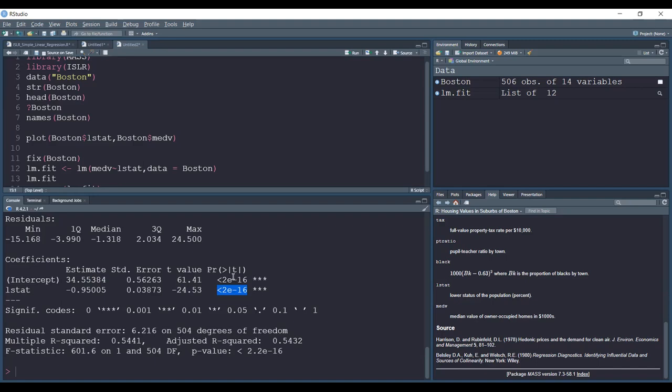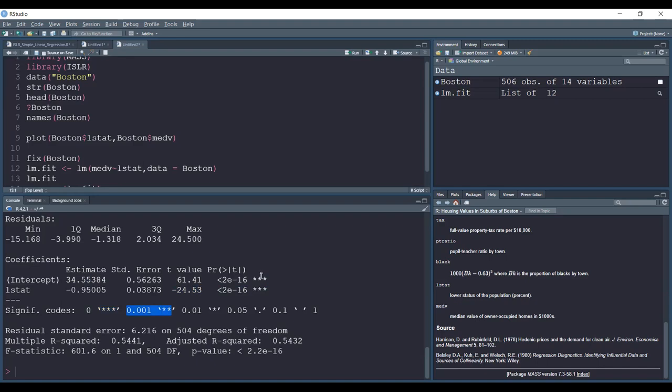The null hypothesis is that there is no relationship between the predictor variable and the response. And we get 3 asterisks, and that simply means it's really close to 0, so you can reject this.